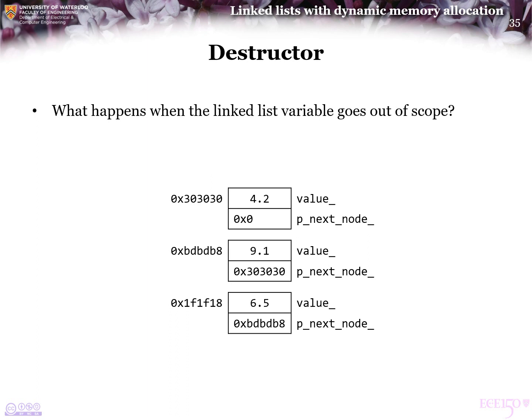Yet nevertheless, the memory for those 3 nodes is still flagged as being allocated, even though there are no variables anywhere in the program that store any of these addresses other than, of course, these nodes themselves. But if we can't get access to one of them, we can't get access to any of them. So this is a serious memory leak.